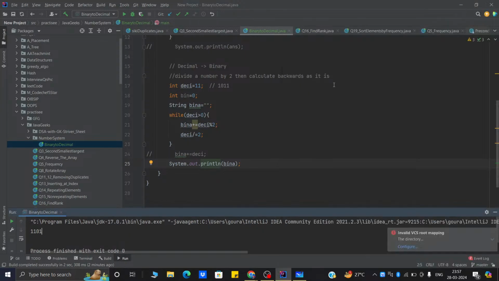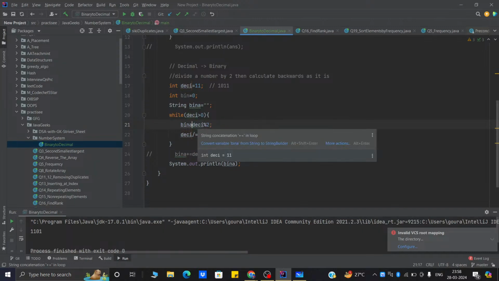So we have two approaches to do it. One is simply reversing the string. Or we will do binary equals decimal mod 2 plus binary.